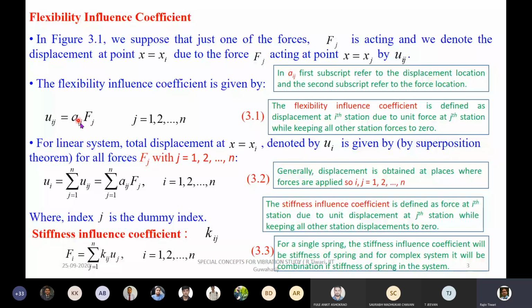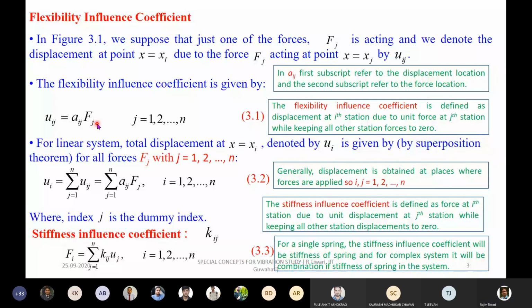If we apply a unit force at the jth location, then aij is nothing but the displacement at the ith location. So if we put Fj as 1, that is equal to the displacement at the ith location because of unit force at the jth location. So this is the definition of the influence coefficient.